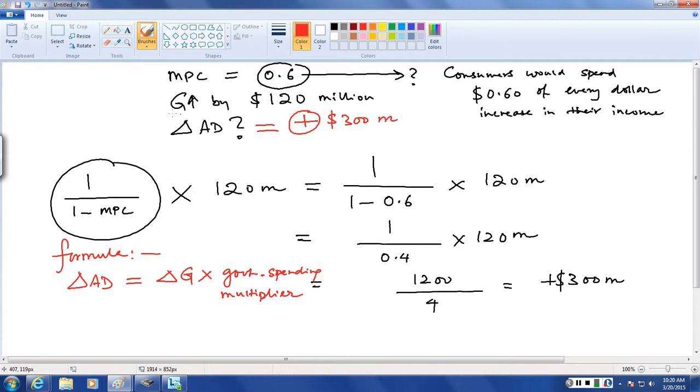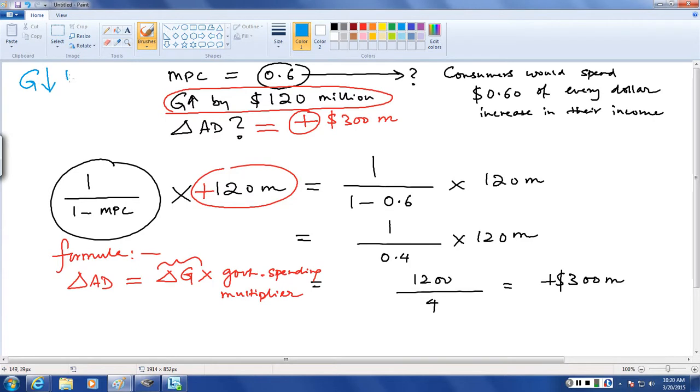Government spending is going up by 120 million, which means that the delta G in our story was how much? Plus 120 million. I should have put a plus there to make things clear, because this is an increase in government spending. Is that right? What if I give you another problem where I say that G goes down by 20 million. Government spending can go down as well, you know.